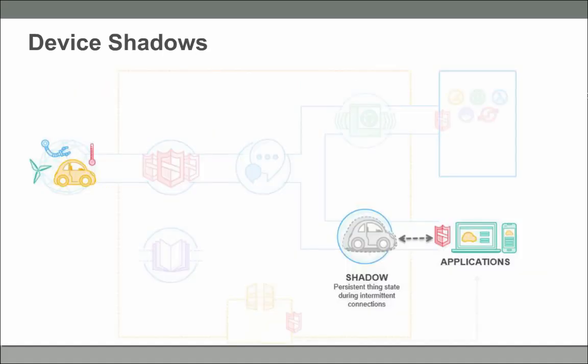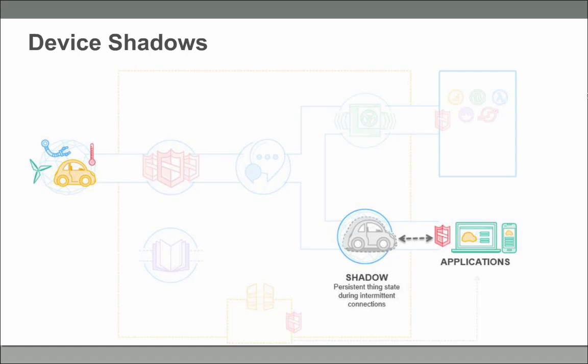Device shadow, you can think of a device shadow as a copy of the device in the cloud. Where that becomes powerful is if you're an application developer developing against your devices, you no longer have to worry about the connection state of that device. Is it connected? Can I send it a message? You're just interacting with a cloud copy of that device. And so that API is always present.